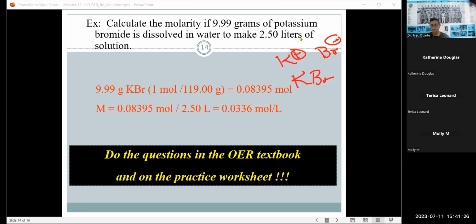Since we're dealing with liters, we can straightforwardly just divide it by 2.50, which results in a molarity of 0.0336 moles per liter, or capital M. The molarity of potassium bromide of 9.99 grams dissolved in 2.50 liters is 0.036 moles per liter. Okay.